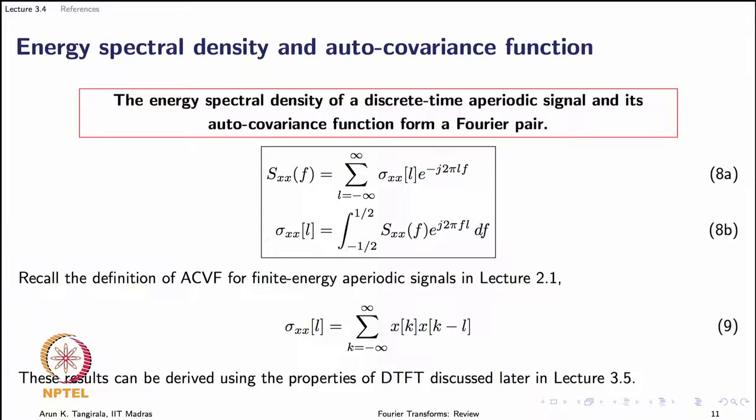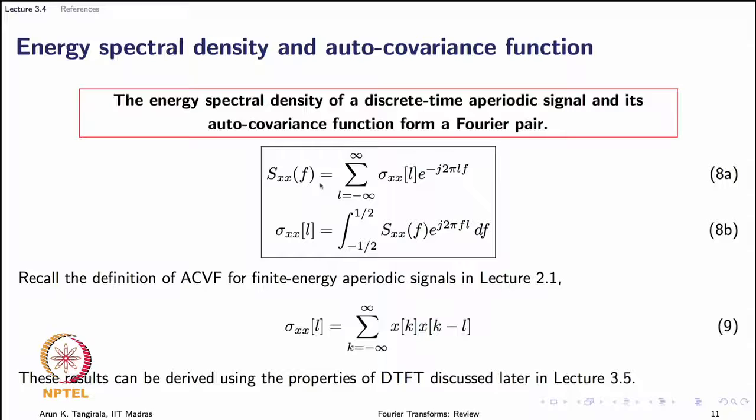When we talked about the discrete time periodic signal, we noticed this connection between energy spectral density and the auto-covariance function. We have a similar result here: the energy spectral density of a discrete time aperiodic signal and its auto-covariance function form a Fourier pair as given by equations 8a and 8b here.